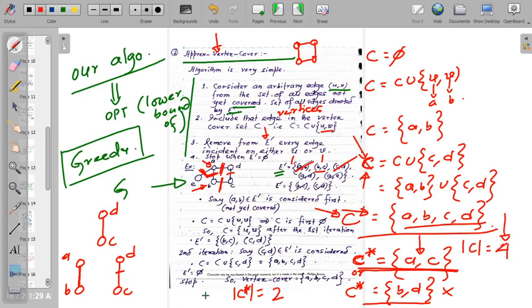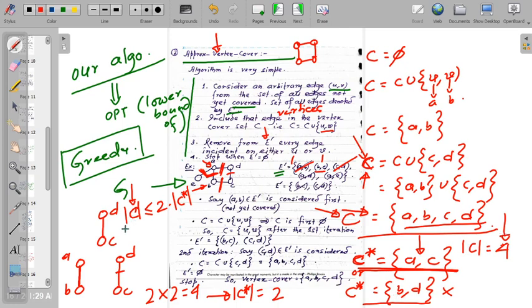So if I multiply the optimal vertex cover 2 with 2, I get 4. So can I say that the cardinality of C, the number of vertices, will be less than or equal to 2 times the cardinality of C star? This example suggests that.